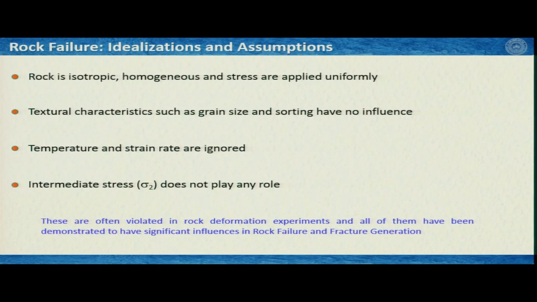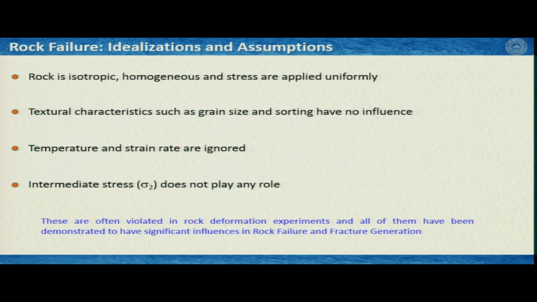Now, there are some assumptions, and how do we get all these things, the fracture strength, the failure strength, what kind of fractures we will produce and things like that. Because if you remember at the very beginning, I told that if we can calibrate the fractures, their orientations, their aggregates or their shape and so on, then it is possible to understand what was the orientation of the principal axes of stresses or overall stress regime of this area.